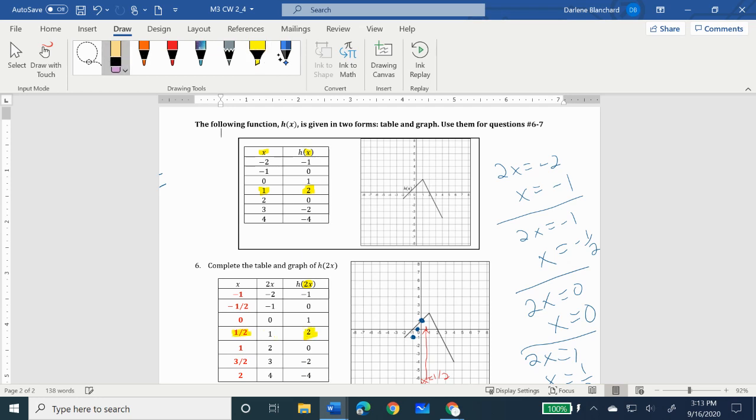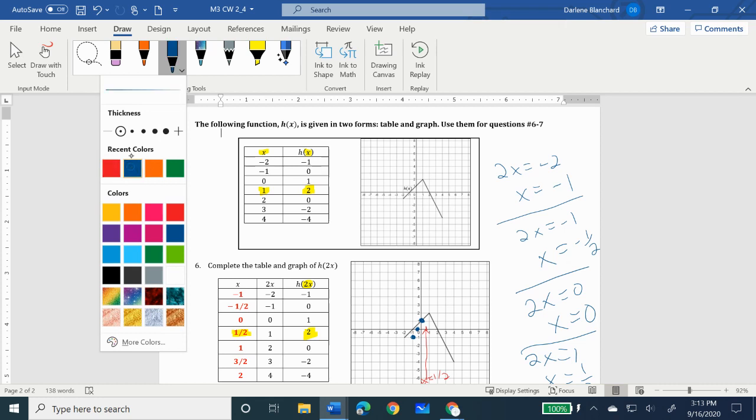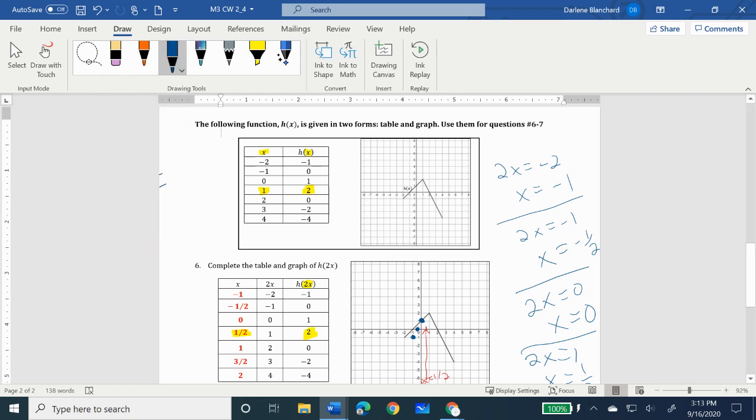So if I take that middle person out of the way, I get a point to plot on the graph of h of 2x, and that is x coordinate 1/2 with y coordinate 2. Right there.